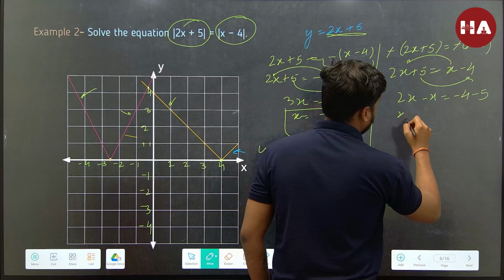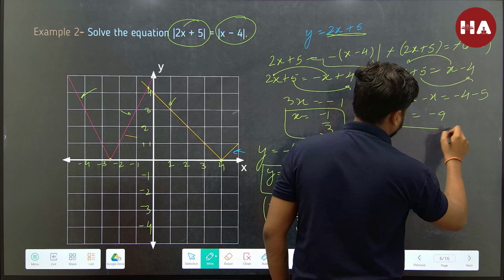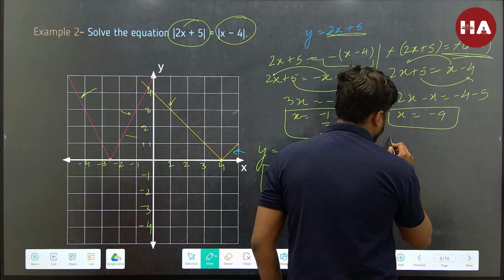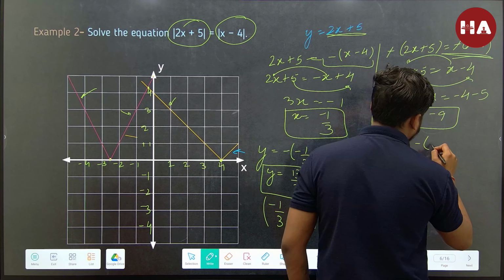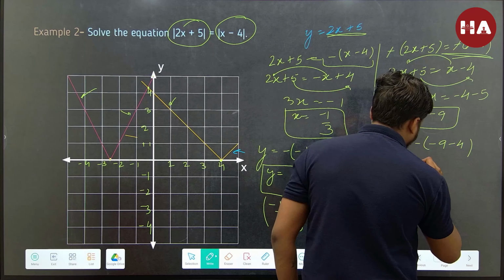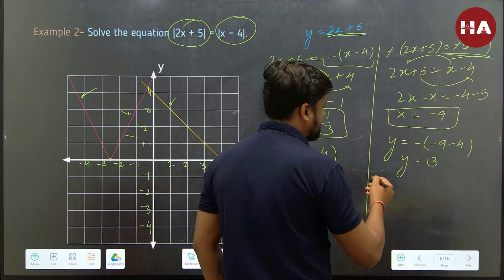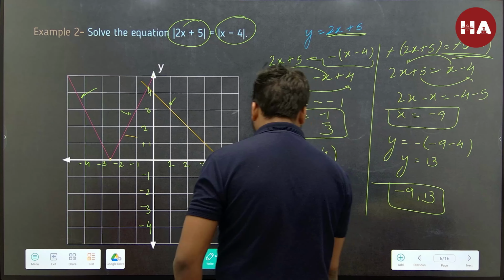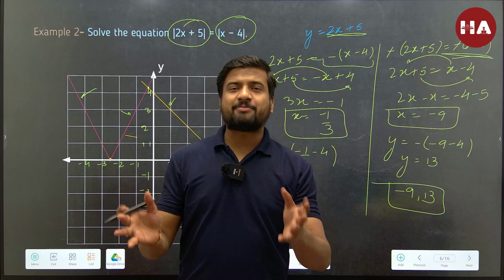So I'll get x equals minus 9. And let's substitute my x as minus 9 in this equation, and I'll get y equals minus of minus 9 minus 4. So I'll get y equals 13. So my second answer is minus 9 comma 13. See, I am getting two separate answers.